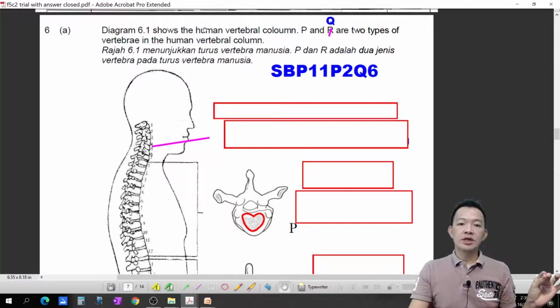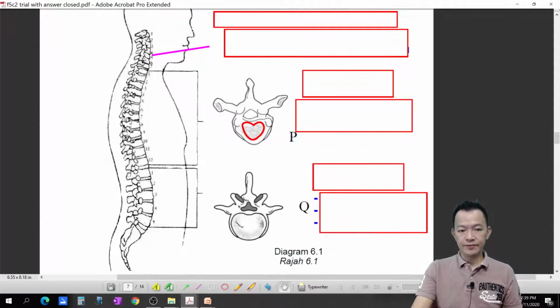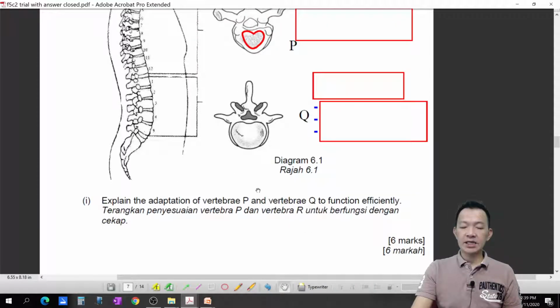Diagram 6.1 shows the human vertebral column. P and Q are two types of vertebrae in the human vertebral column. Explain the adaptation of P and Q to function efficiently.